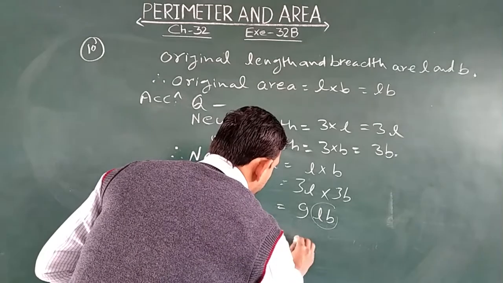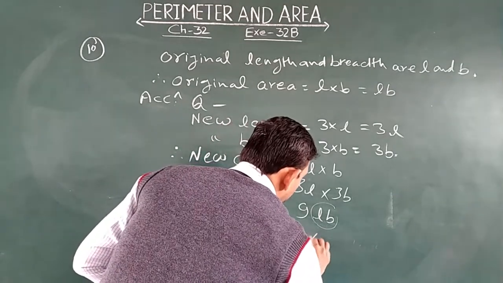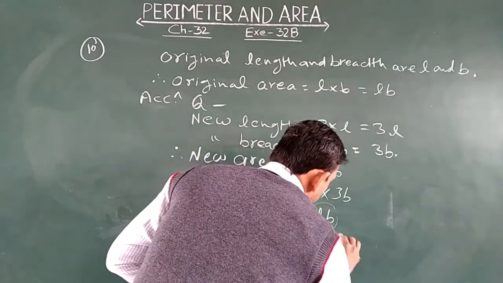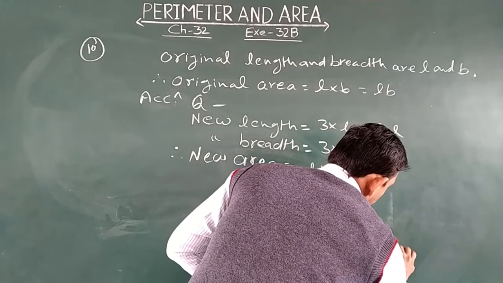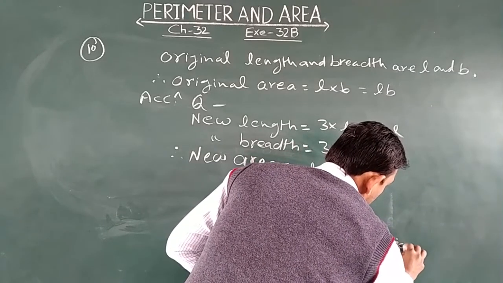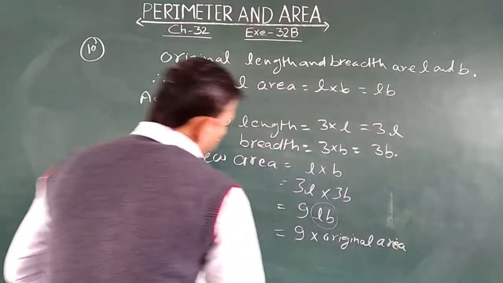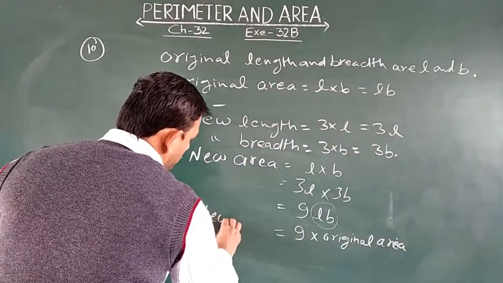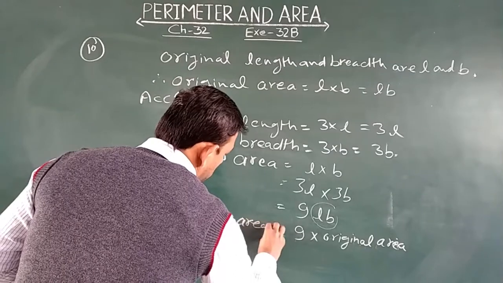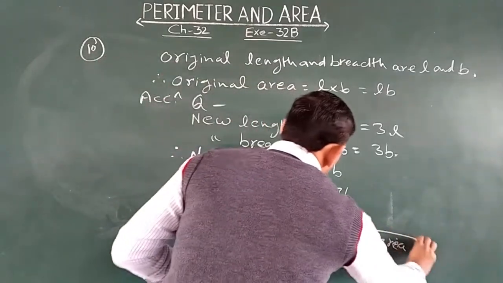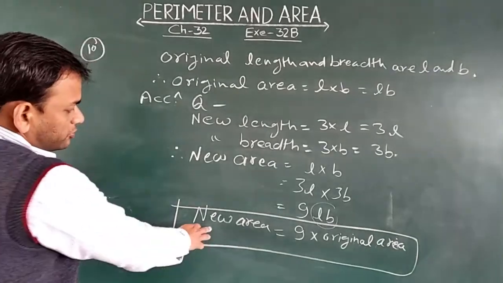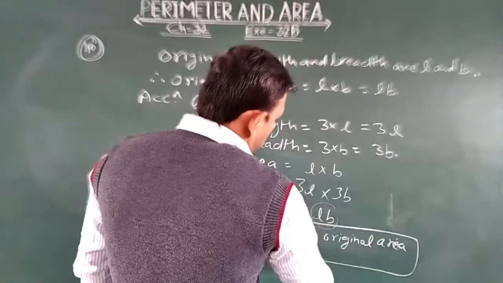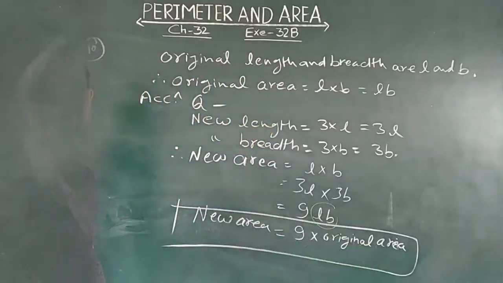So we will write 9 into original area. Okay, so the new area will be 9 times its original area.